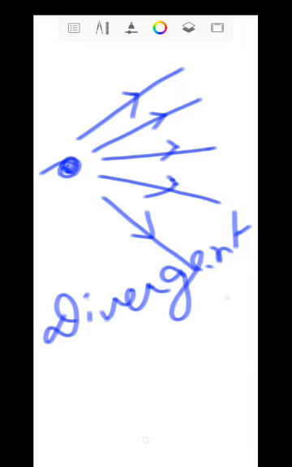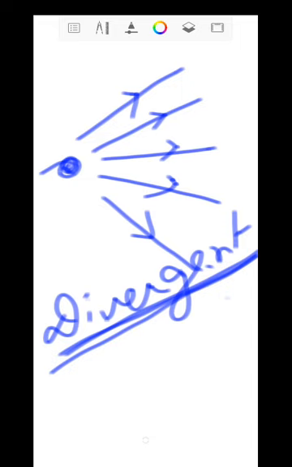Now see, in this chapter diffraction is not there, interference is not there, polarization of light is not there. So there is no need to read about the wave nature of light, or the quantum theory of light. This lesson is confined to the particle theory of light.